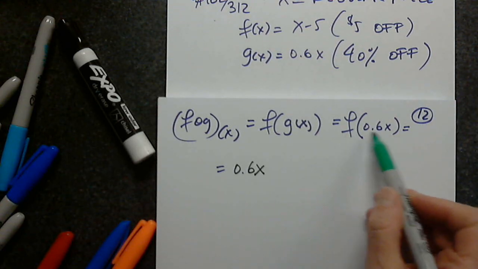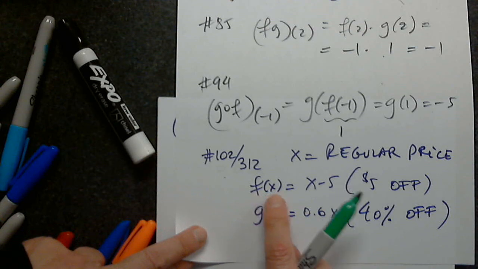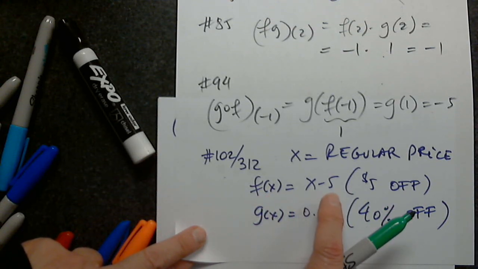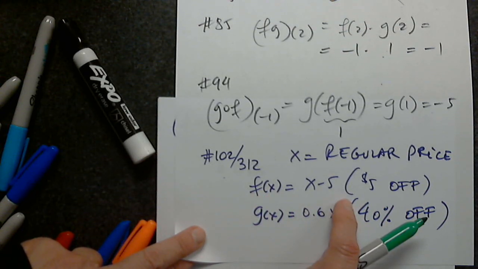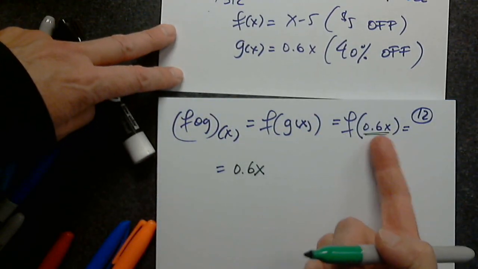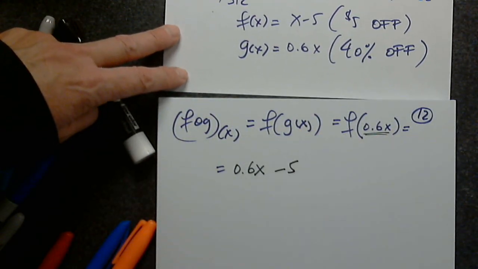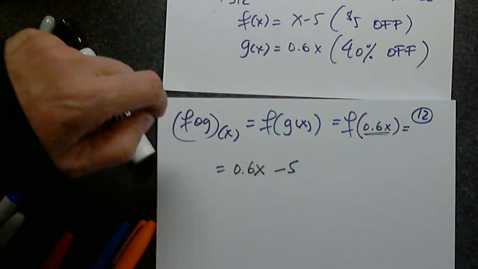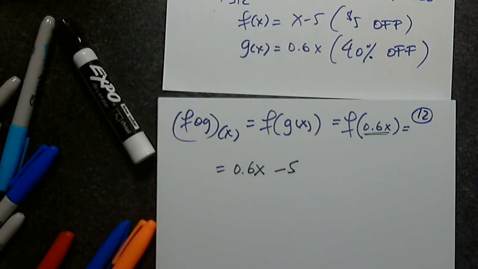So remember f of blah. Look what f says. f of whatever is whatever and then minus 5. Is that clear? So whatever minus 5. If I put parentheses, I change the problem. Is that clear? Perfect.